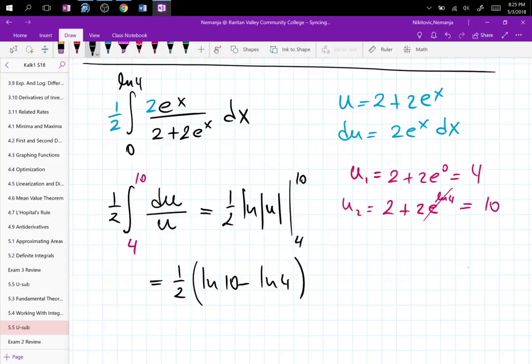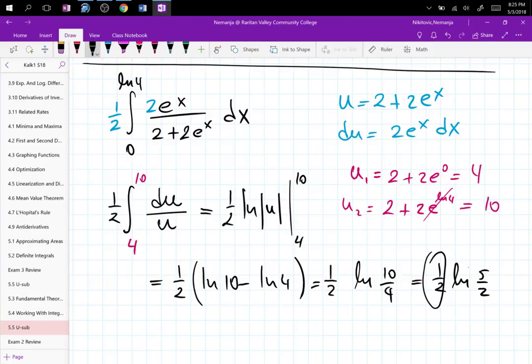Now, if you know your rules for logs, you know that subtraction of two logs turns into division of arguments. So it's 1/2 ln of 10 over 4, which is actually 1/2 ln of 5/2.